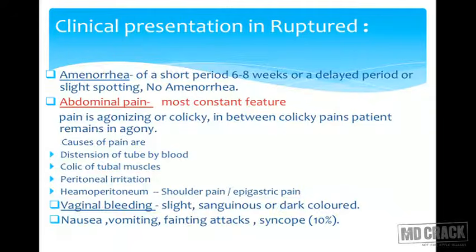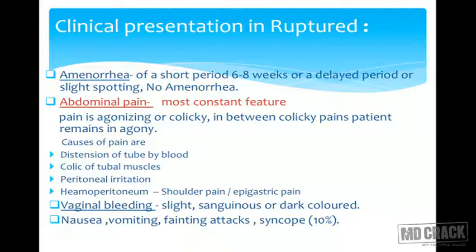The most constant feature of ectopic pregnancy is abdominal pain. And third, vaginal bleeding. So this is an important triad of symptoms for ectopic pregnancy. Pain would be agonizing, colicky, and typically in between the colic, the patient will remain in agony. She will not be relaxed. So amenorrhea, abdominal pain and vaginal bleeding.